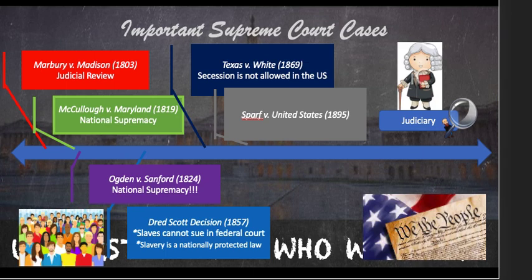We have Sparf versus the United States in 1895. Prior to that, juries basically had the ability to declare laws unconstitutional. So you could be brought before a national jury, and they could say these are the facts, and the jury could basically say, well, we believe that the person did everything that the prosecutor says they did, but we're going to find them not guilty anyway because we think that this should not be a law.